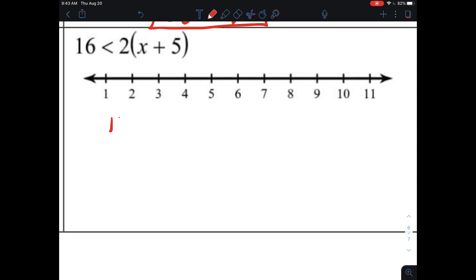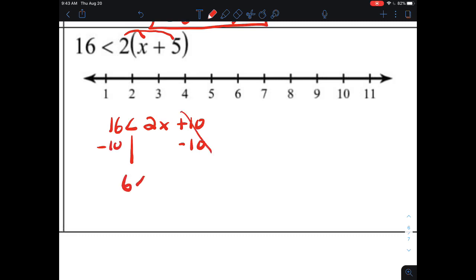So we have 16 is less than 2 times x plus 5. We're going to have to distribute that 2. So we'd have 2x, and then distribute the 2 to the 5, plus 10. I need to move things away from the x, so I'm going to have to move the adding 10 to the other side by subtracting it. So minus 10 from both sides.